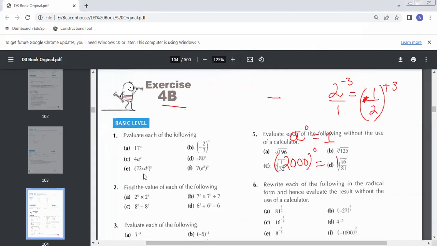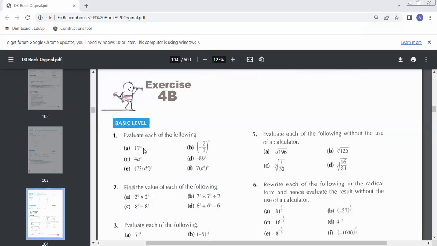Let's move on to the first question, which says that any power, like 17 power 0, is equal to 1, and -2 by 7 power 0 is also equal to 1. 4 into 8 power 0 means 4 remains 4 because there's no power on 4, but power 0 is 1, so 4 times 1 is 4.